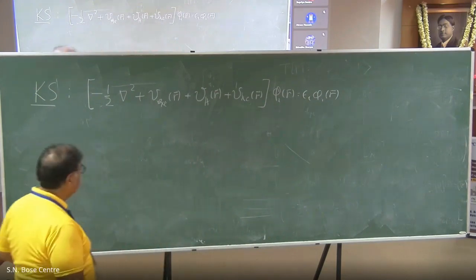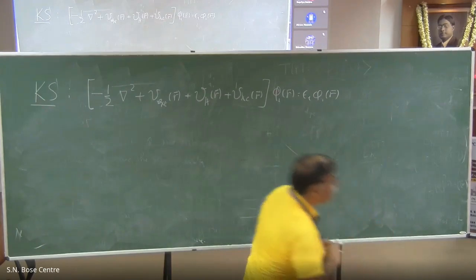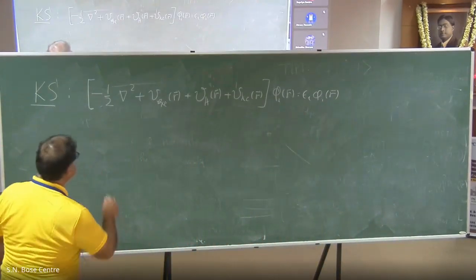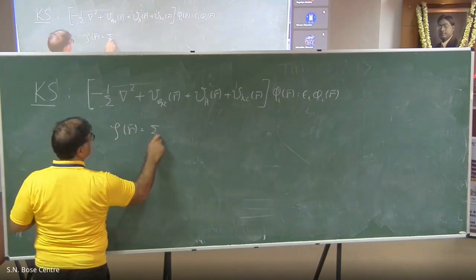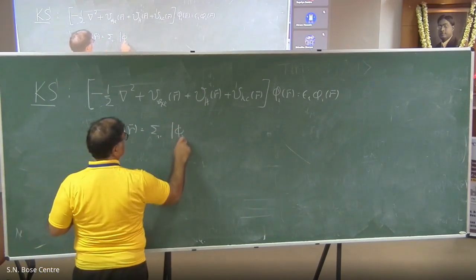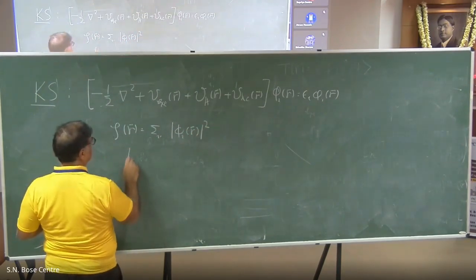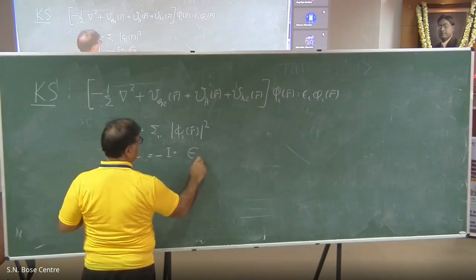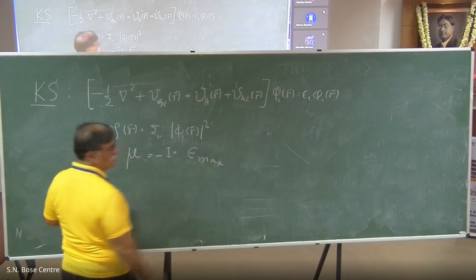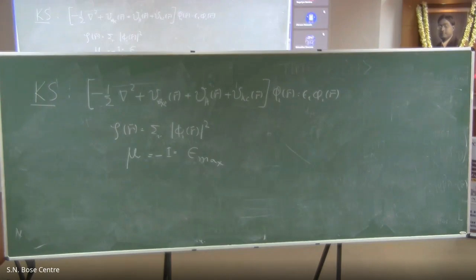And this gives me the exact density in principle. So rho(r) is the summation over i of the modulus of psi_i(r) squared. This gives me mu, which is minus I, which is epsilon max by construction. And once I know the density, the method of calculating energy is different.